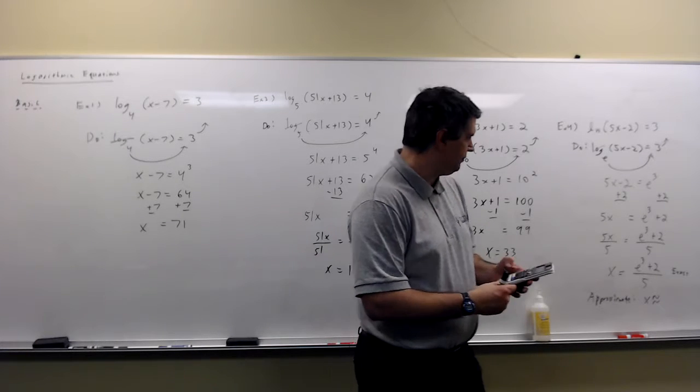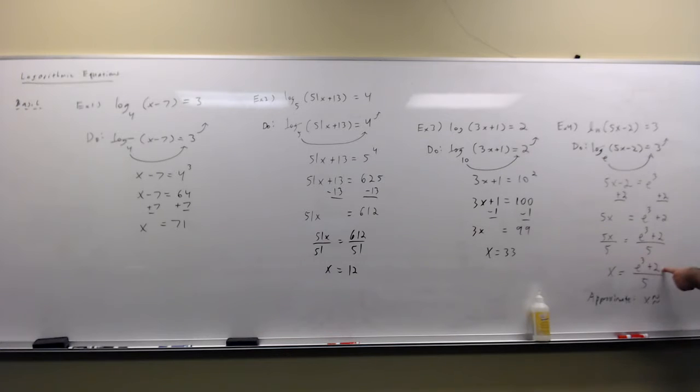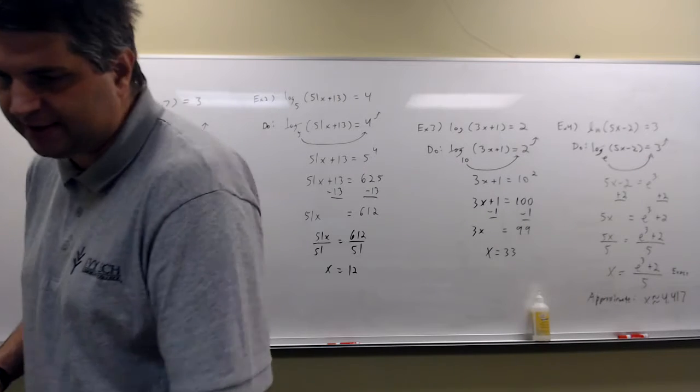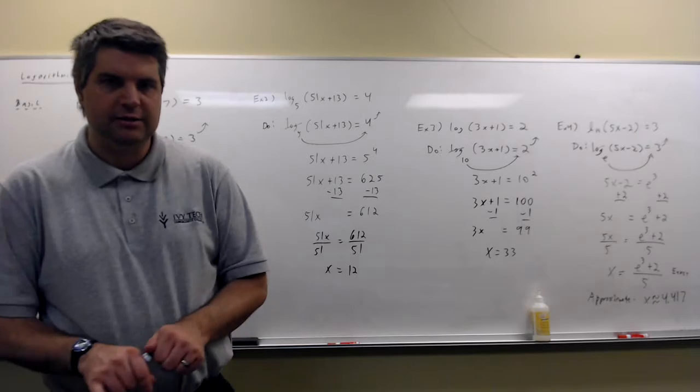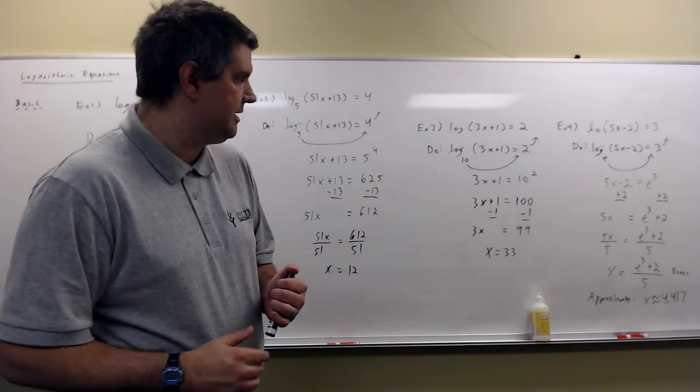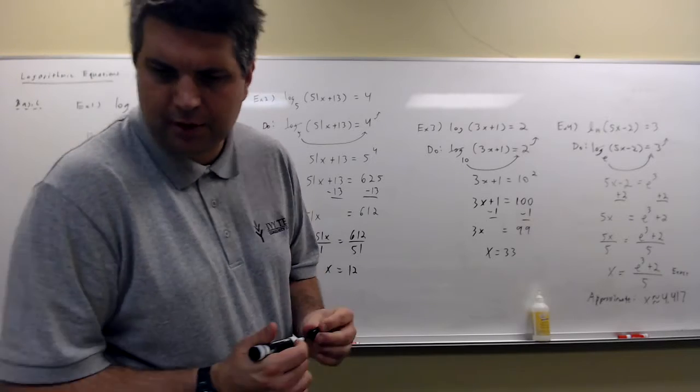Add 2. That gives me 22.0855. Divide by 5. That gives me approximately 4.417. I just chose to round to 3 decimal places. It didn't give me a specific value to round to, so I'll go ahead and leave it as is.